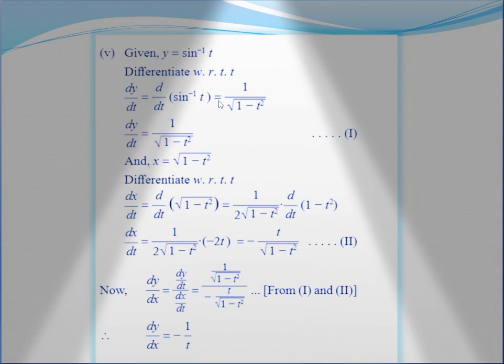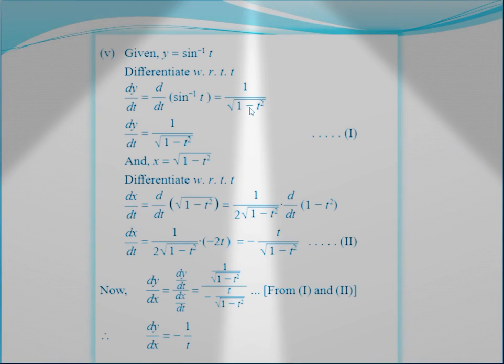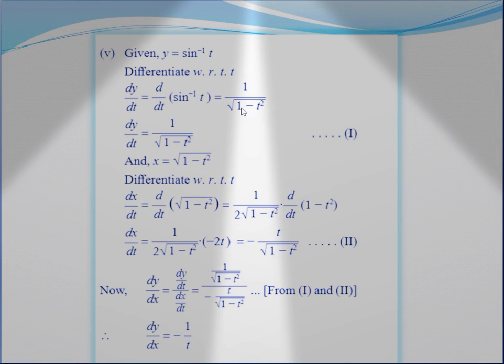Now we know that the derivative of sine inverse of x with respect to x is 1 upon under root 1 minus x square. Therefore, the derivative of sine inverse t with respect to t is 1 upon under root 1 minus t square. Therefore, dy upon dt is equal to 1 upon under root 1 minus t square. Say this as equation number first.